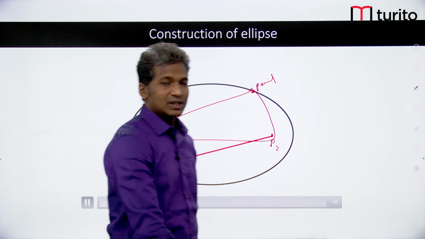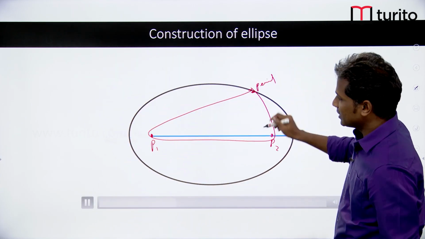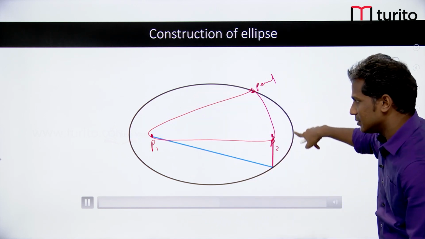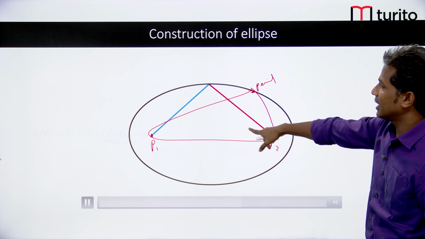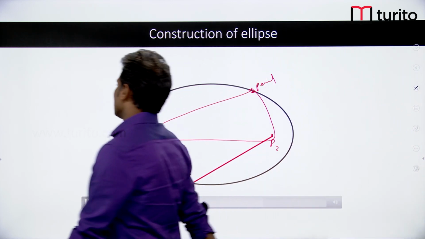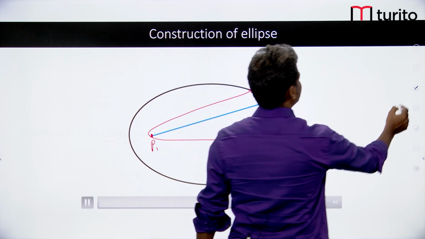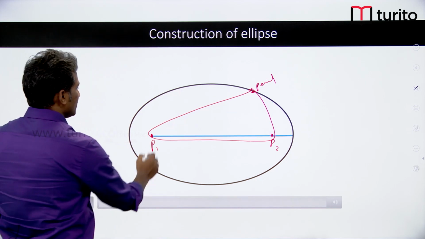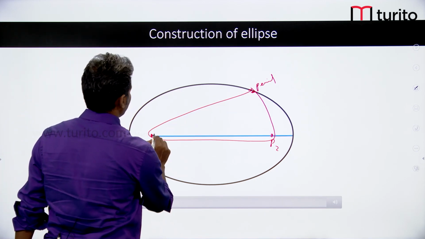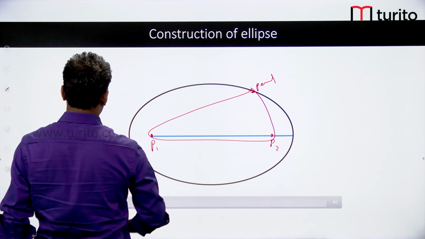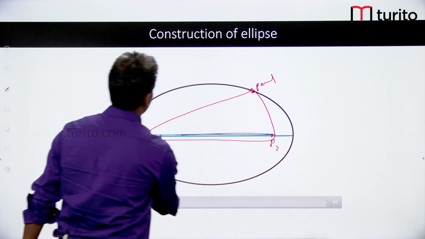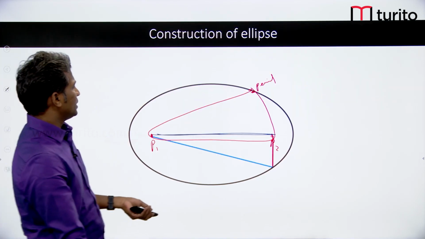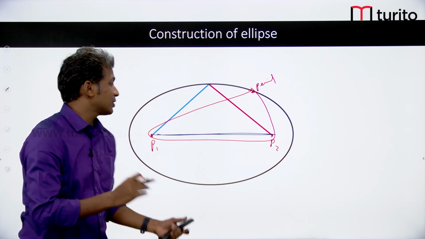Now, the animation started before I started it. Keeping the length of the thread constant, if I keep rotating the pencil, if I keep drawing, I will get one ellipse here. Here you can also imagine that the distance between these two foci is already constant.